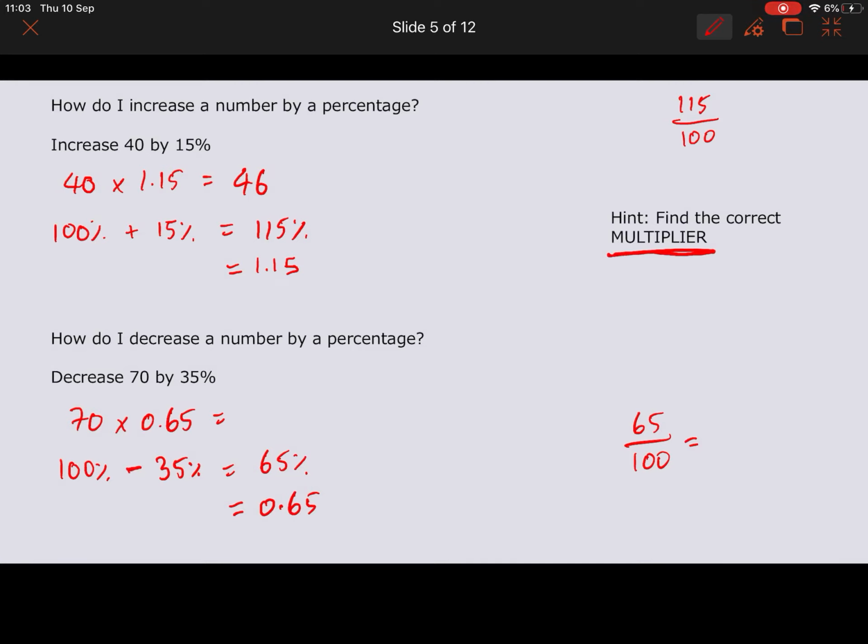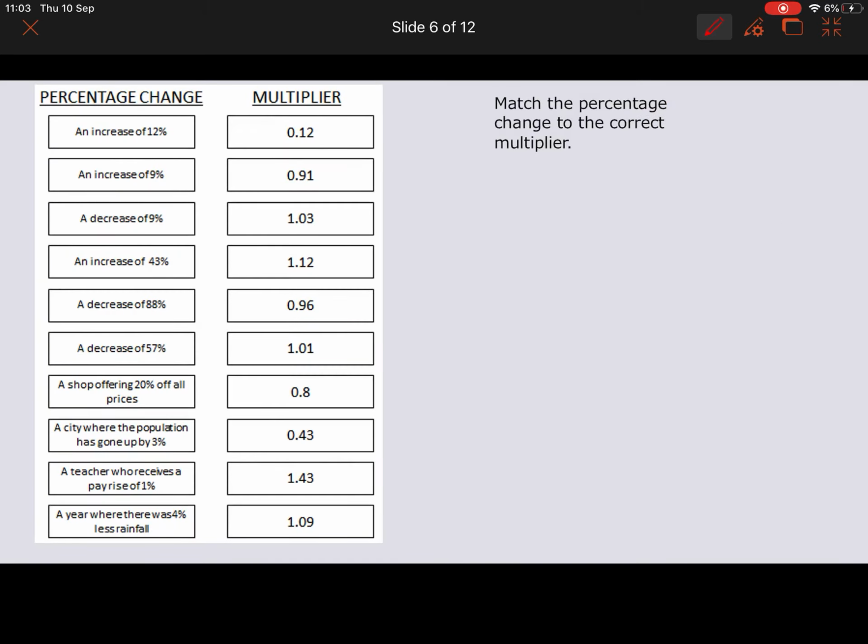Don't need to be a genius to know that that is equal to 0.65, okay? So we're going to do 70 times 0.65, and I'm going to put that into my calculator. I think I know the answer, but I just want to check. 70 times 0.65, and I was right. 45.5 is the answer.